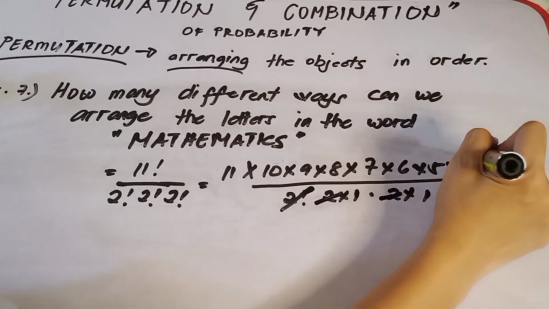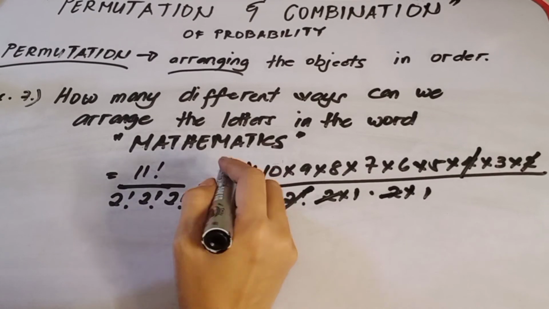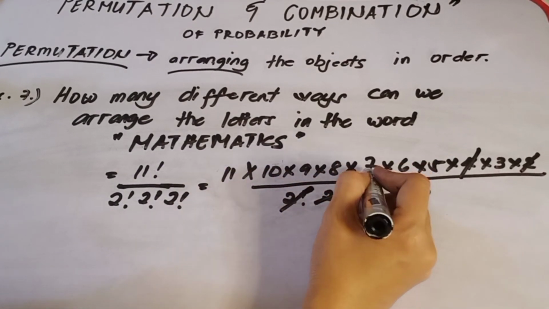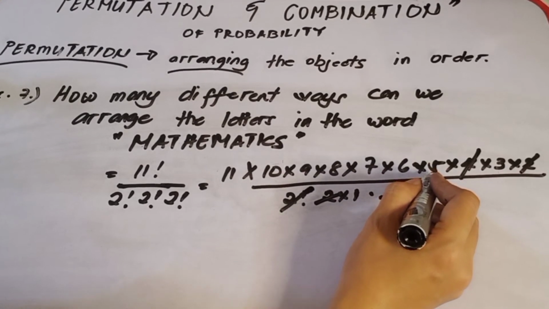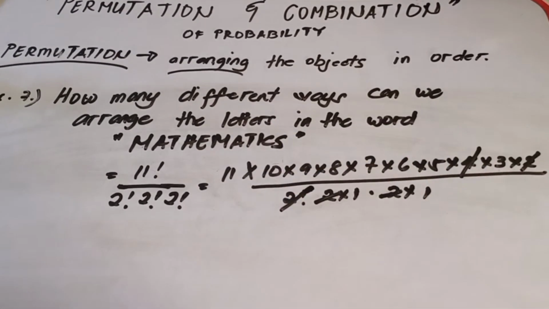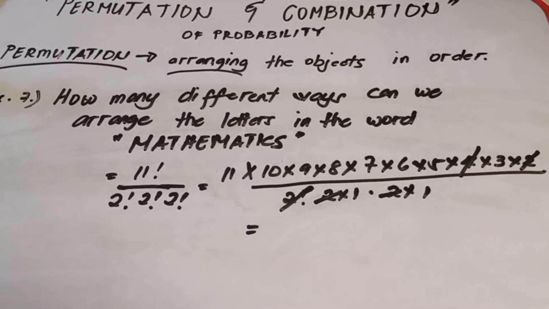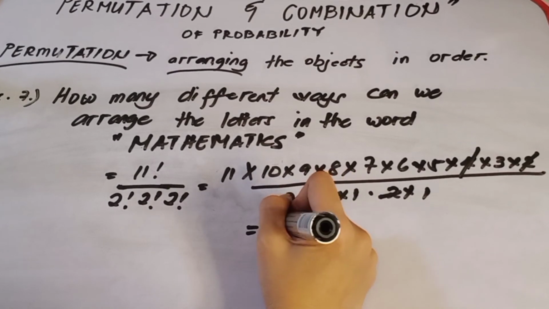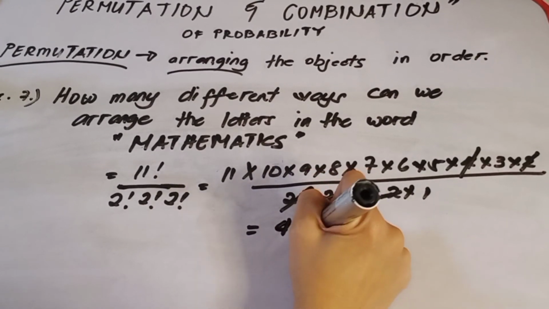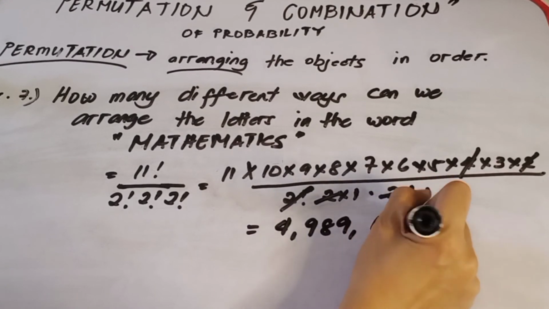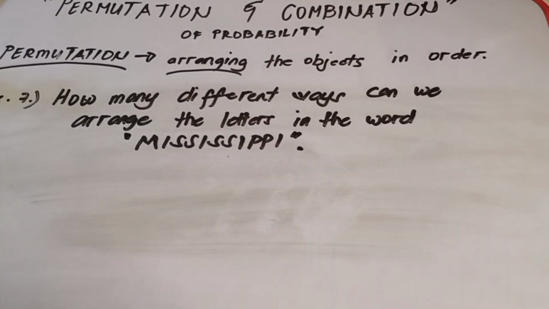So let's just cancel 4. So ang natira is 11 times 10 times 9 times 8 times 7 times 6 times 5 times 3. So that is equal to... Okay, so using our calculator, that is equal to 4,989,600 ways.